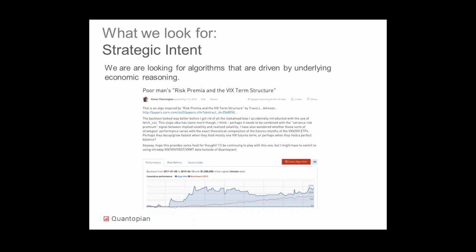So we may or may not decide that we wanted to invest in Simon's particular algorithm, but what's really cool about it is that he's giving a reference and explaining where it came from.